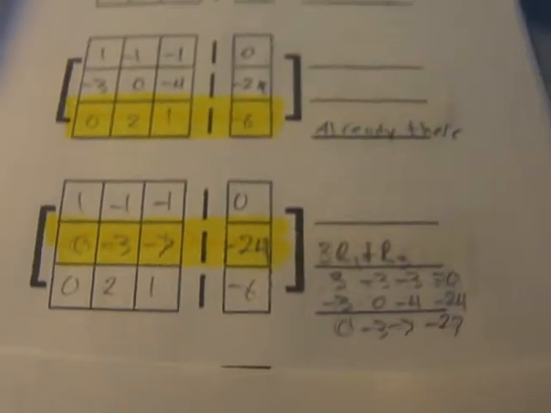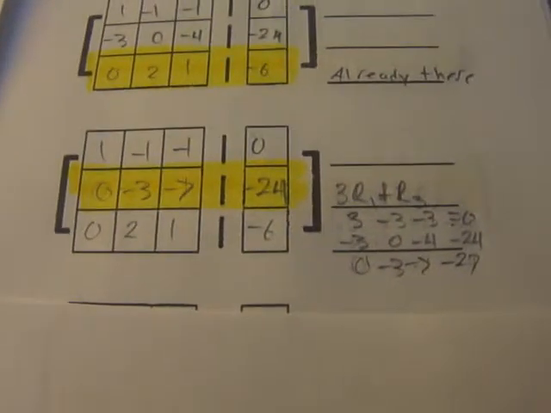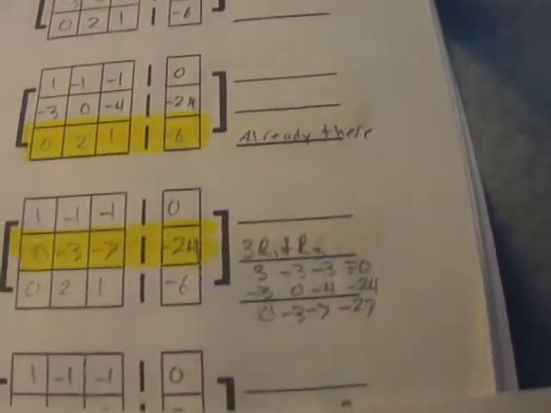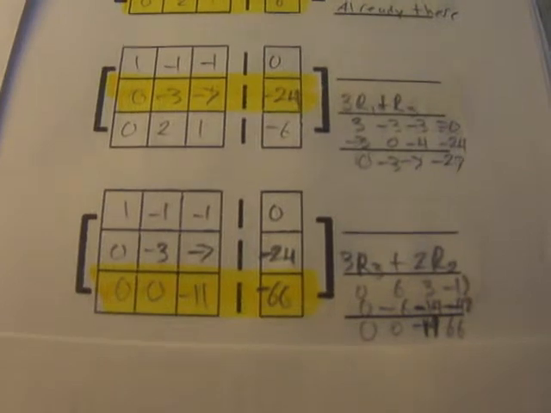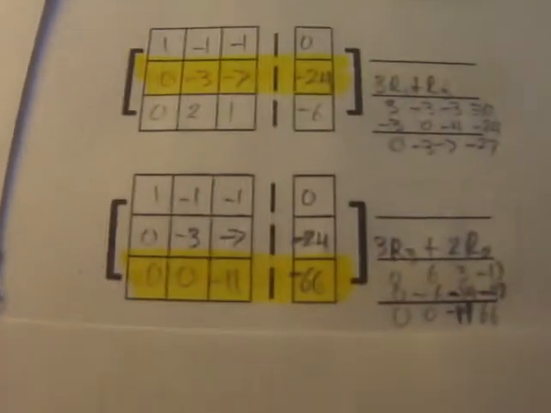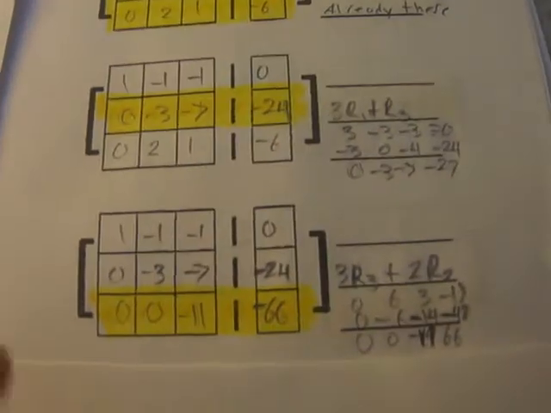And row 3 will be negative 3, 0, negative 4, 24. You add those together, it'll give you 0, negative 3, negative 7, negative 27. Yeah, negative 27. No wait, that should be negative 24. That's my mistake.